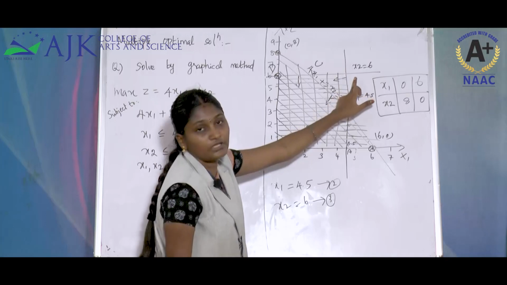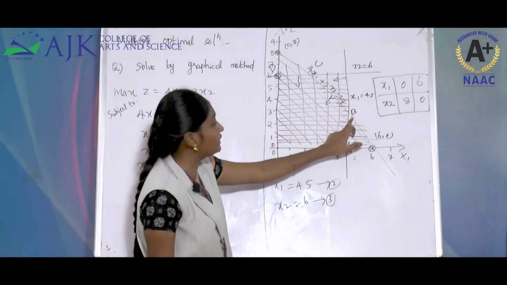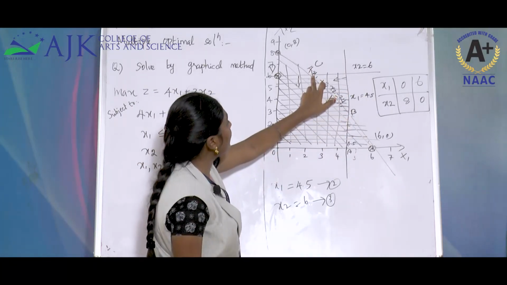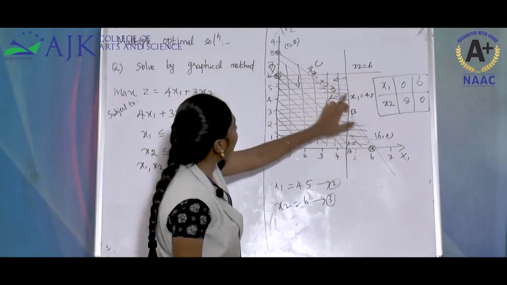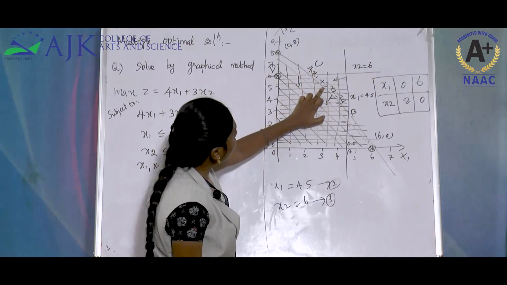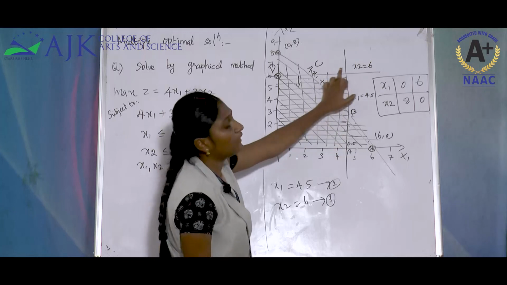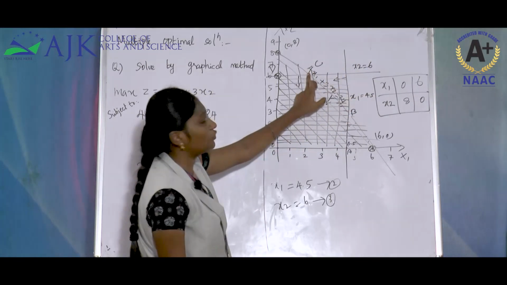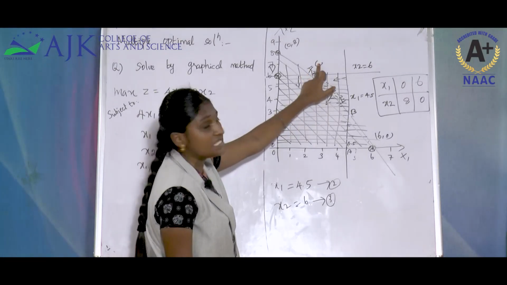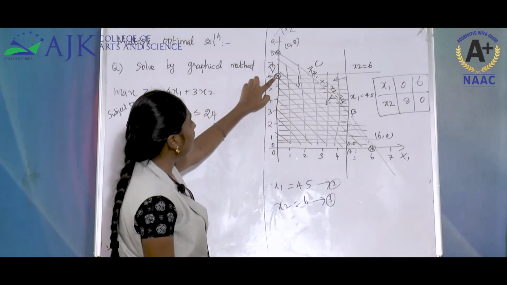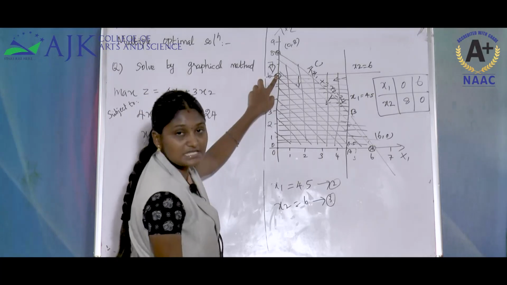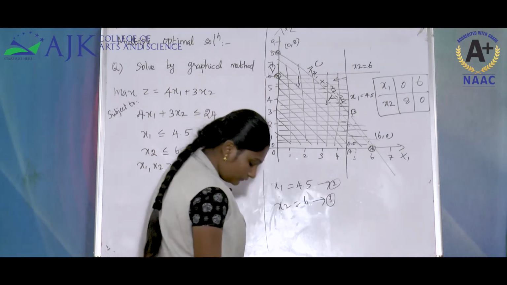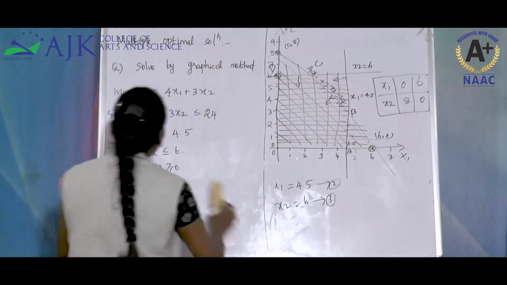By using these two equations, we have to find the coordinate points for B. The coordinate point of C is the intersection of 4x1 plus 3x2 equal to 24 and x2 equal to 6, and the coordinate point for D is 0, 6.